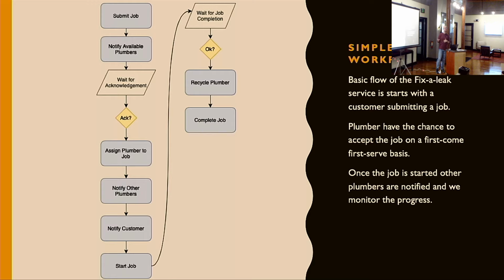We also notify the customer that their plumber is en route. Then we kick off the job, and we monitor that job and wait for completion. When it completes, we'll recycle the plumber back into the available pool of plumbers and complete the job, and so on. Okay. Any questions about that?